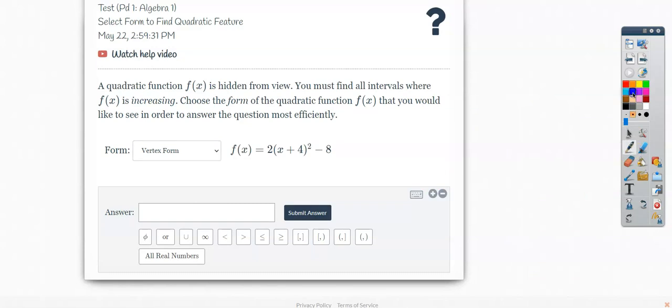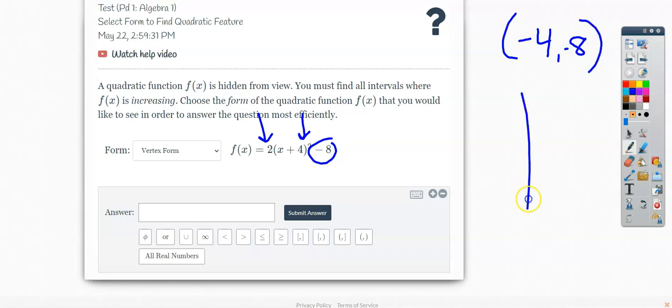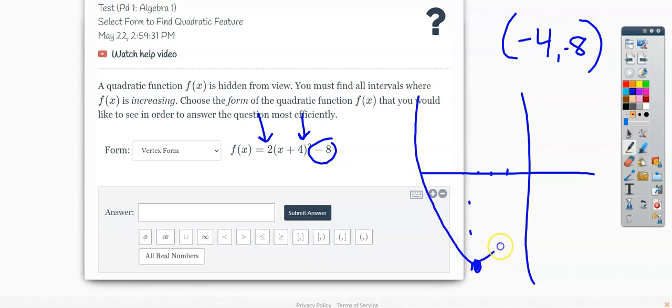My parabola is pointing up with a vertex at negative 4, negative 8. Right, so at negative 4, negative 8, there's my vertex. It's an upwards facing parabola, so it's increasing over here.